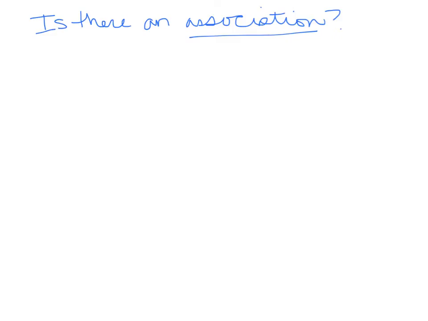The last thing I asked you on this paper is: is there an association between age and cell phone type? This is a fancy way to say, is there a relationship between them? We'll find other ways to analyze this later on, but for now, the one way that we have to do it is to look at things like bar charts.